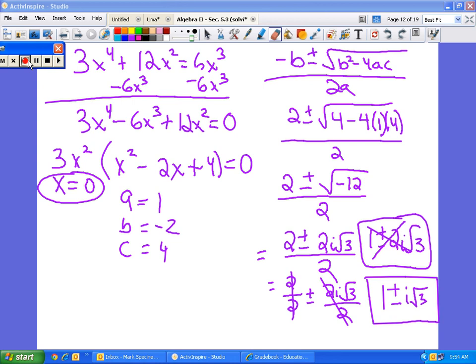Then my answer would just be these two things. What's the final answer? The final answer, there's 3 solutions: 1 plus i square root of 3, 1 minus i square root of 3, and 0. Those are the 3 answers.